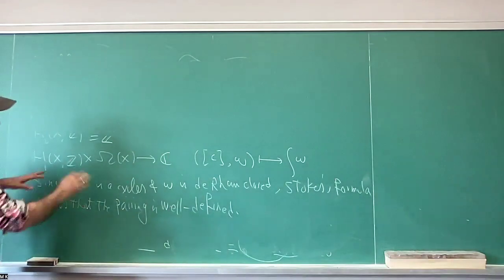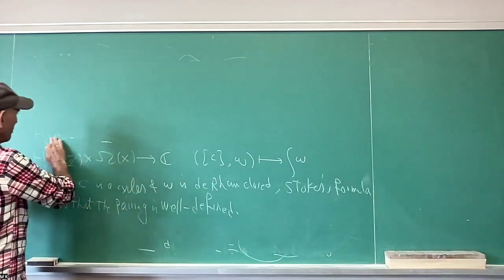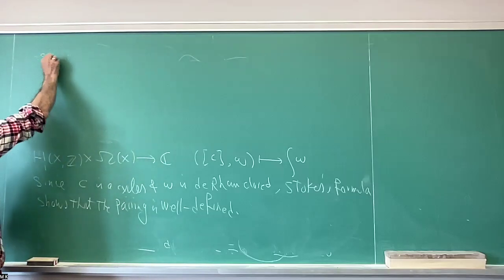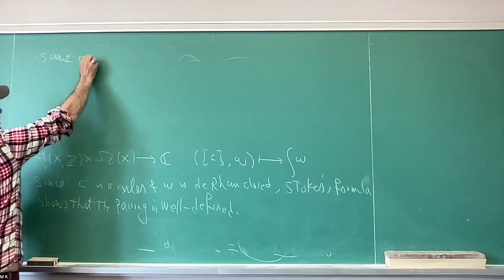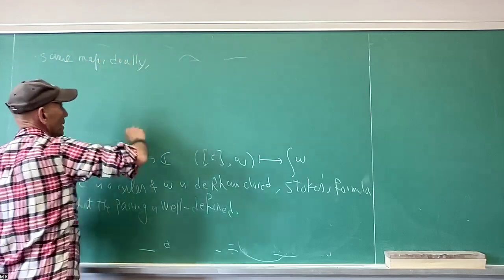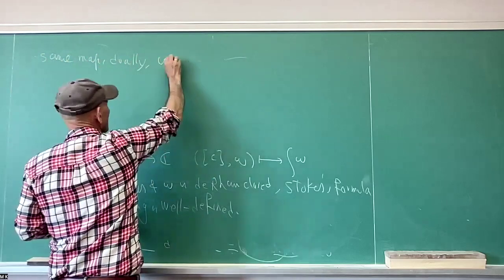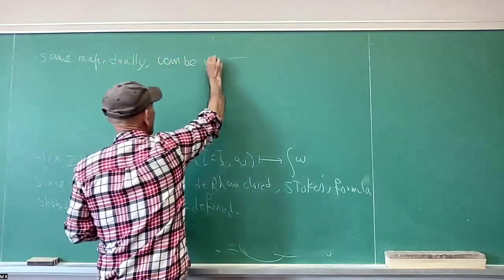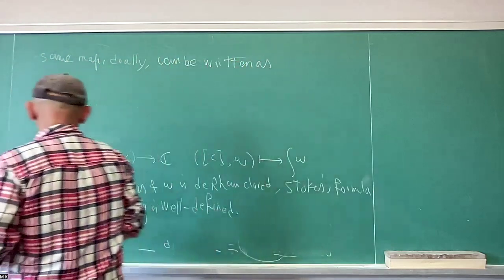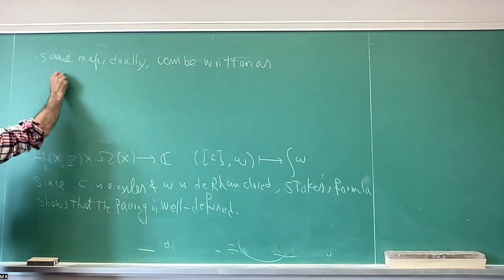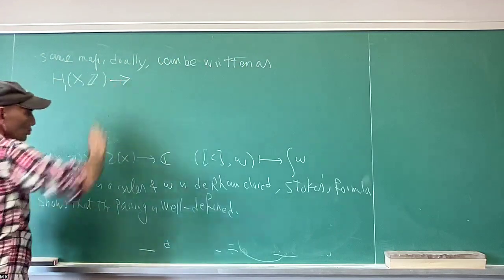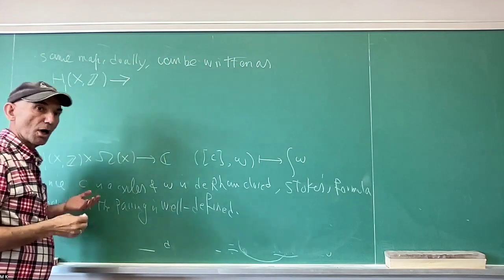So if you want, you can call this period pairing. So basically the same map, dually, can be written as, so now we have this map from H1 of X and Z to omega star of X, right?